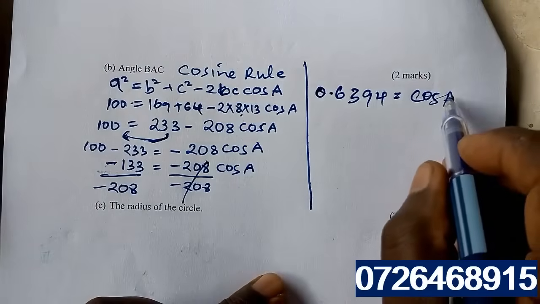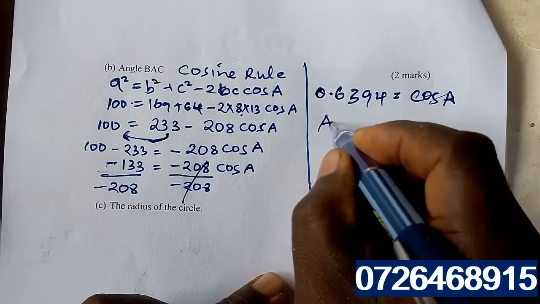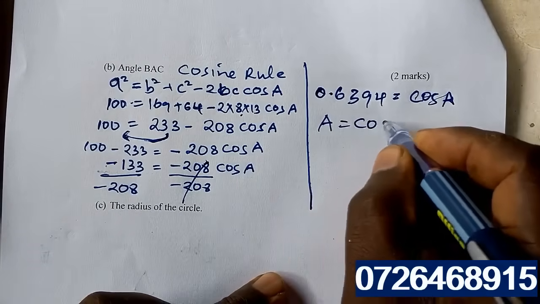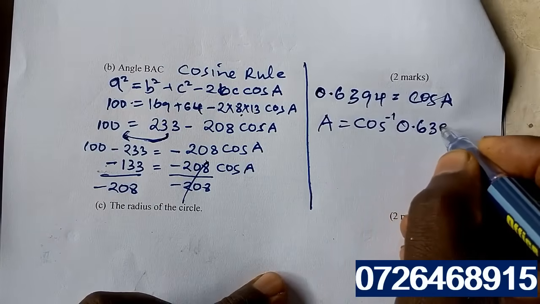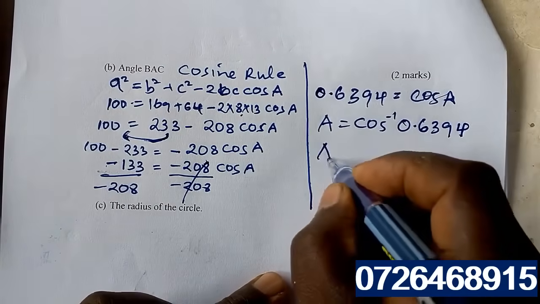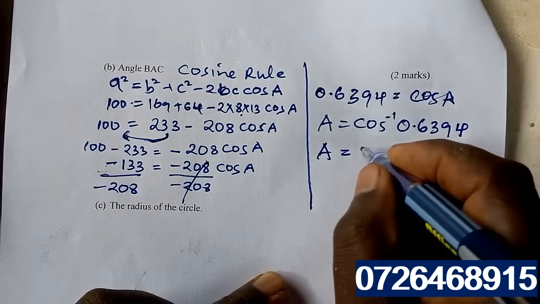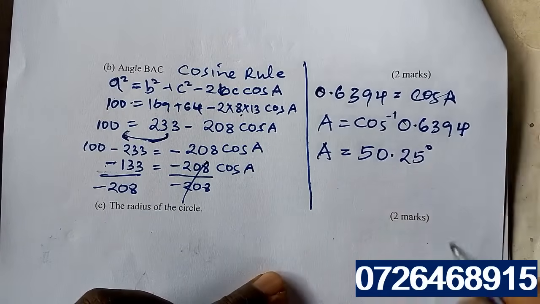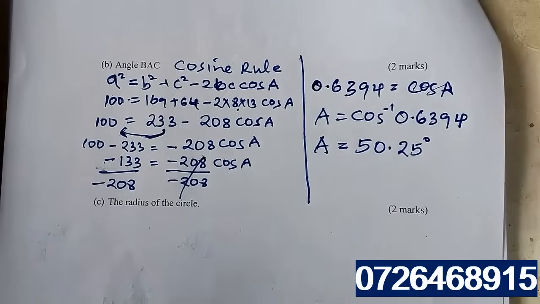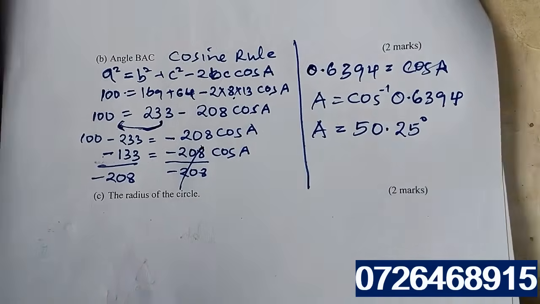So to get A, angle A is equal to cos inverse 0.6394. So A gives us 50.25 degrees. So we have got angle A like that.